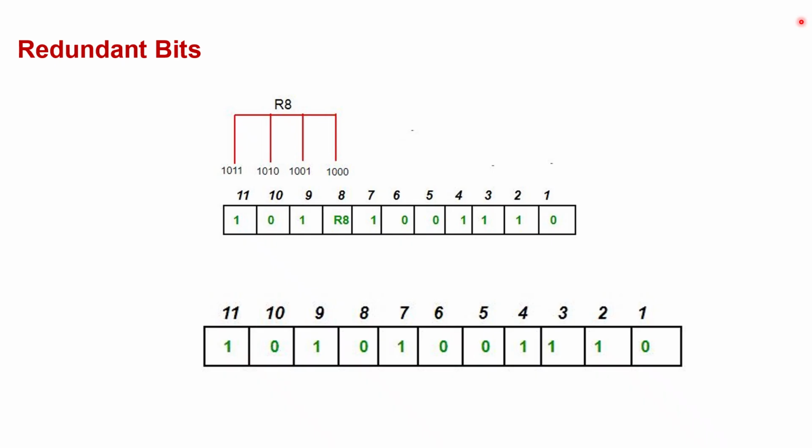We apply even parity, which means the total number of ones should be even. Since the number of ones in these positions is already even, the value of R8, the parity bit, is set to 0. Thus, the final Hamming code or data transmitted is 1010 1001 110.